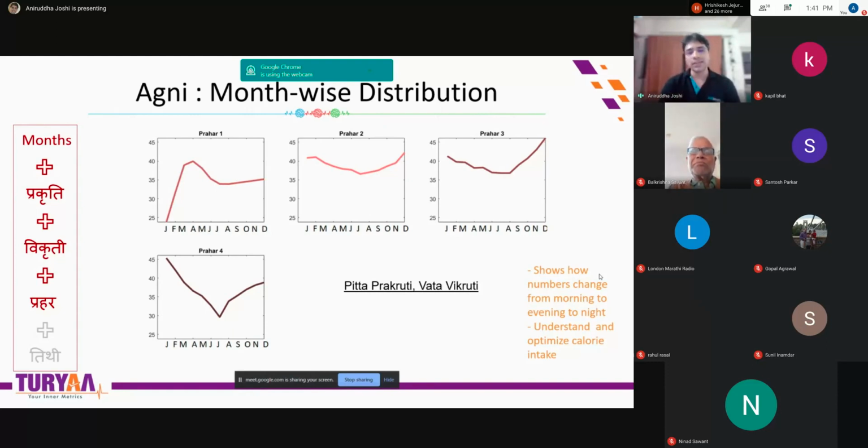So night prahar data is not available to me, but you can observe the stats of those 4 prahars, you can specially observe that during rainy season, this particular combination has very low digestive fire at night. So if at all you want to have vada pav, please have it at lunch and so on. So you have to make sure how many calories, what type of food, proteins, carbs, you are eating at what time, location, in which month, and so on.